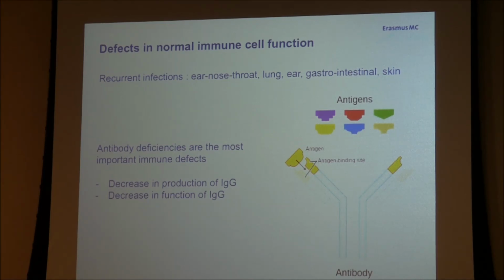So sinopulmonary and gastrointestinal tract infections are the main infections caused by antibody deficiencies. And as already shown by Ken, around 50 to 60% of the known immunodeficiencies are predominant B-cell deficiencies, antibody deficiencies, characterized by a decrease in the production of immunoglobulins or function defects of immunoglobulins.